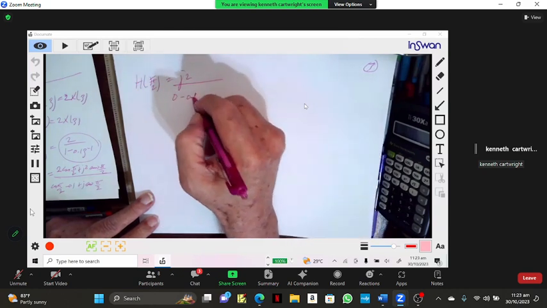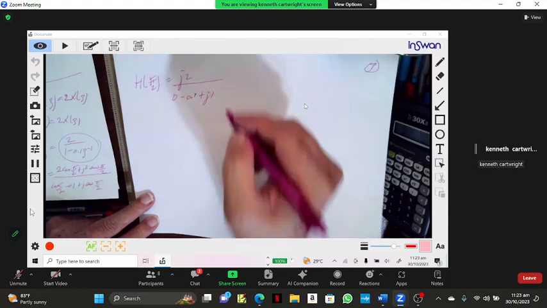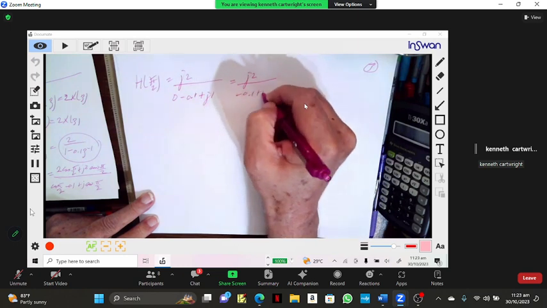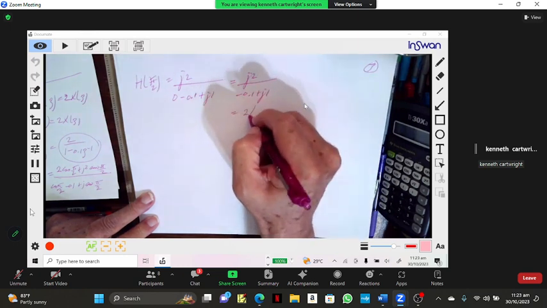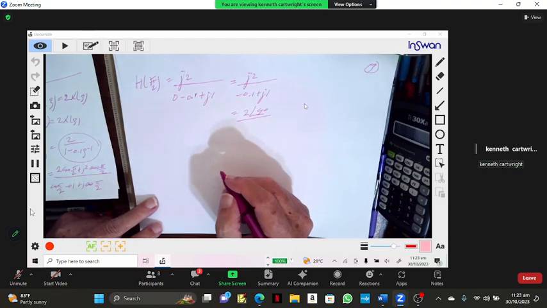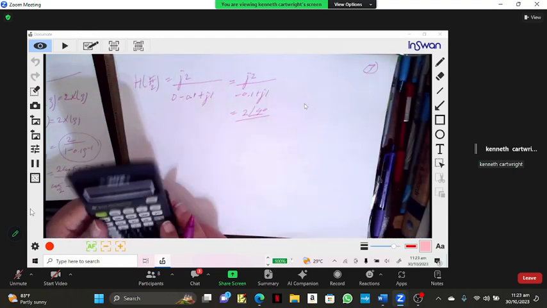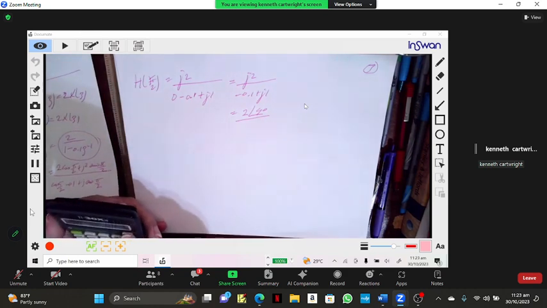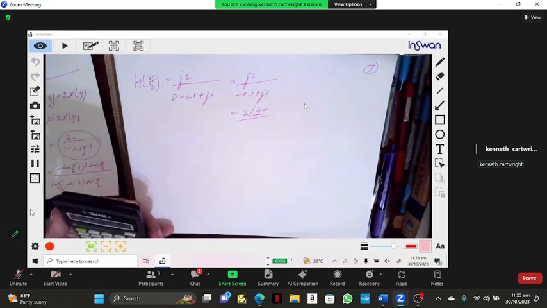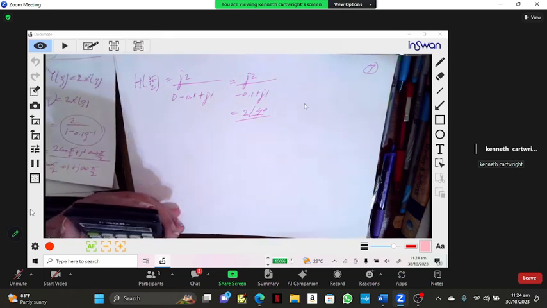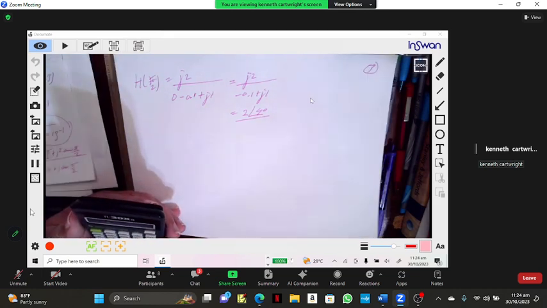So in this case, it's real easy. This case is just j2 over negative 0.1 plus j1. That's 2 at 90 degrees. What's the bottom? What's the magnitude of the bottom?